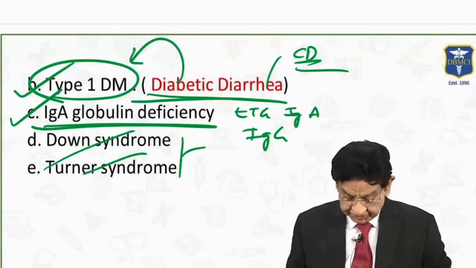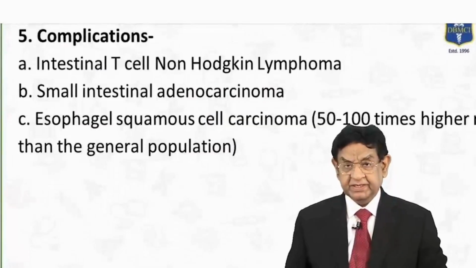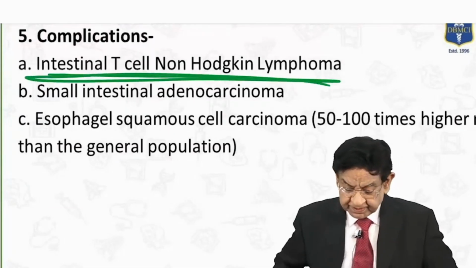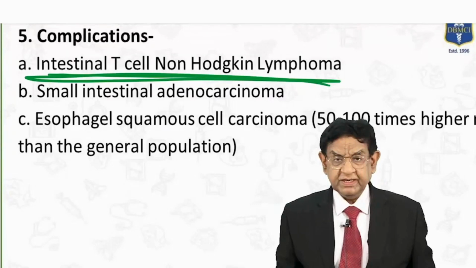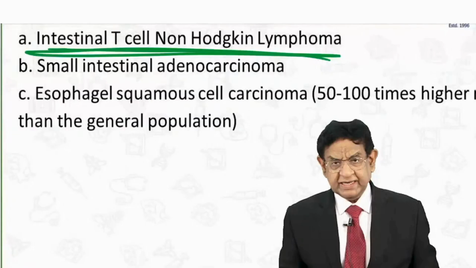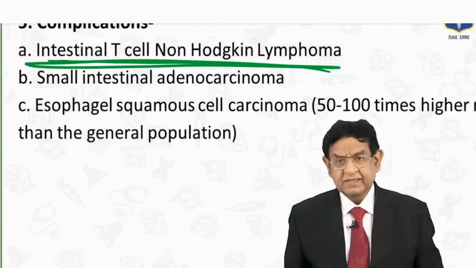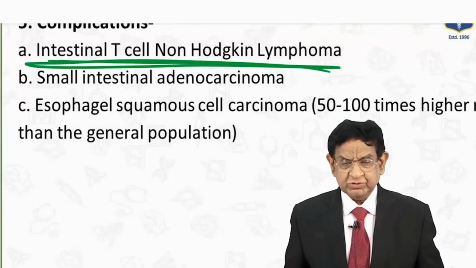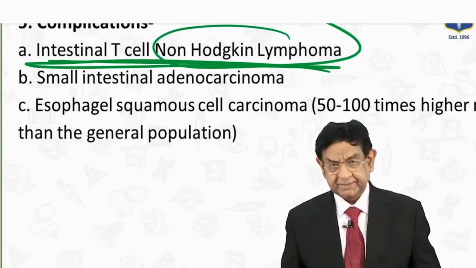Very important question: what complication can occur? Intestinal T cell non-Hodgkin lymphoma. Point noted. That's why I told you that in any case of celiac disease, biopsy is mandatory. Although you have diagnosed it clinically, maybe by TTG also, an endoscopy and biopsy is mandatory to rule out this particular entity.